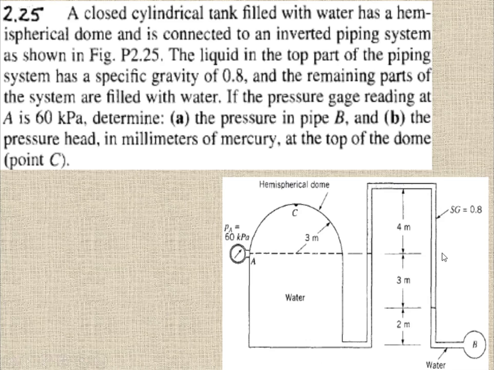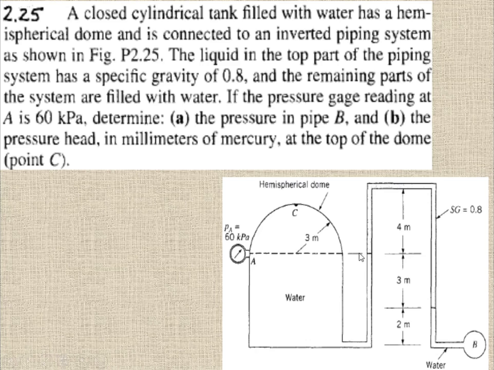Now, as I told you before, how we can measure the pressure. The pressure at this point and the pressure at this point is the same. So we have to measure the pressure at this point and at this point. So the pressure at this side is equal to the pressure at this side. We start from here. What is the pressure at this point?